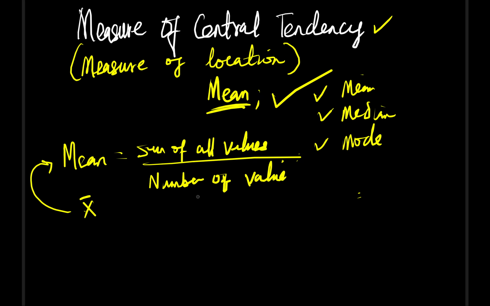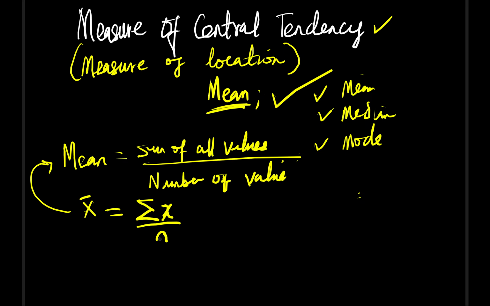The formula for x bar is the sum of all values. Instead of writing "sum," we use this particular notation. Let's say each of the values is x. So the sum of all the values, divided by the number of values, which is n.